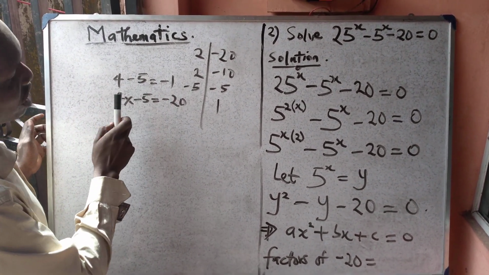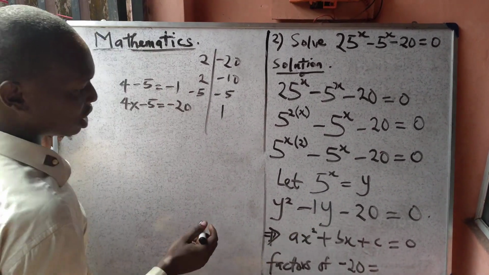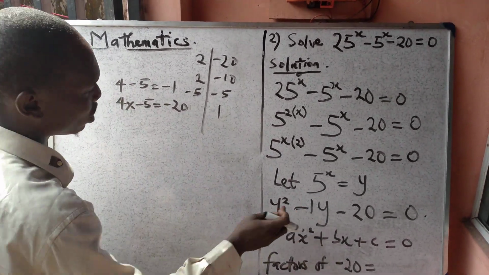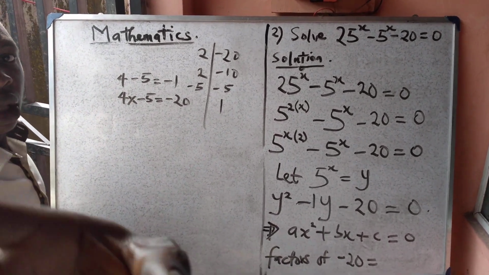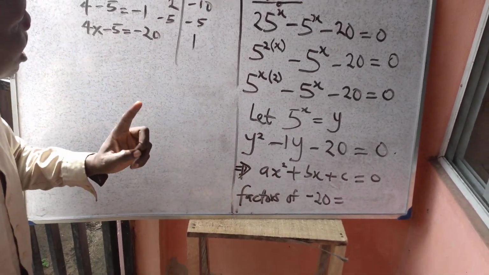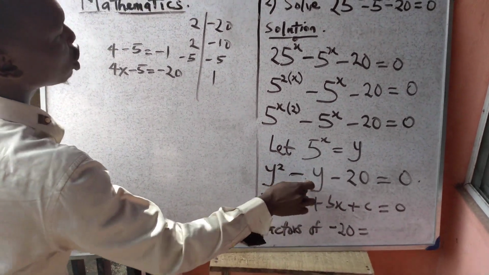We have 4 minus 5 giving us minus 1. Of course, you know that the coefficient of y here is minus 1, there's an invisible 1 there. And 4 times minus 5 gave us minus 20. Alright, so we have gotten the two factors.